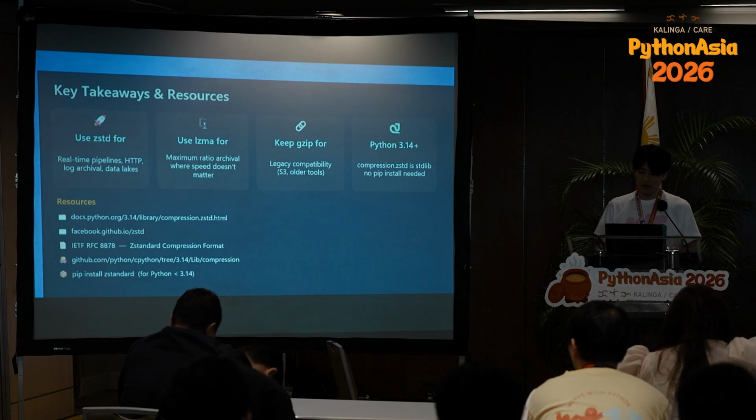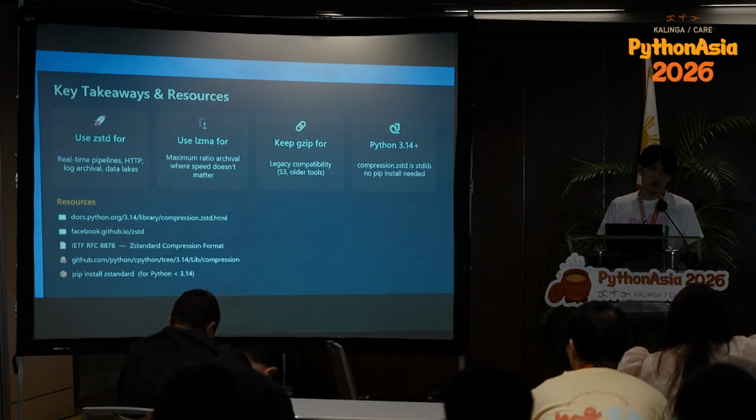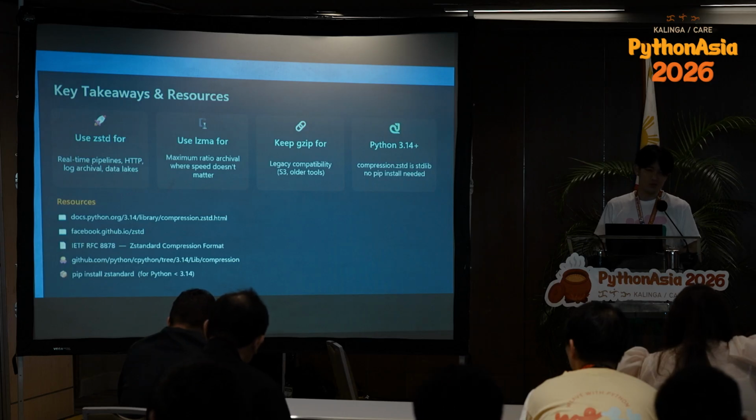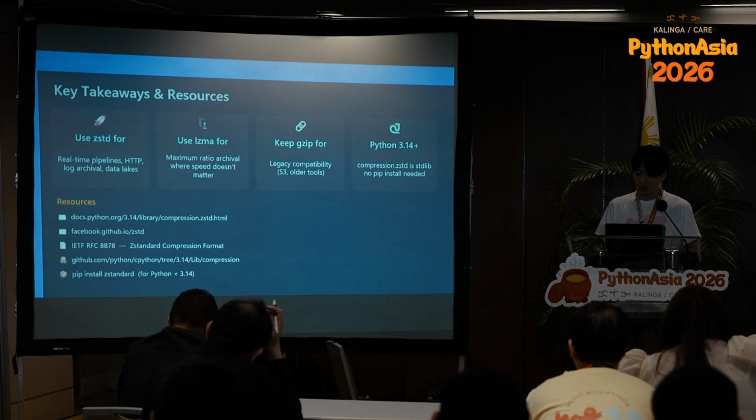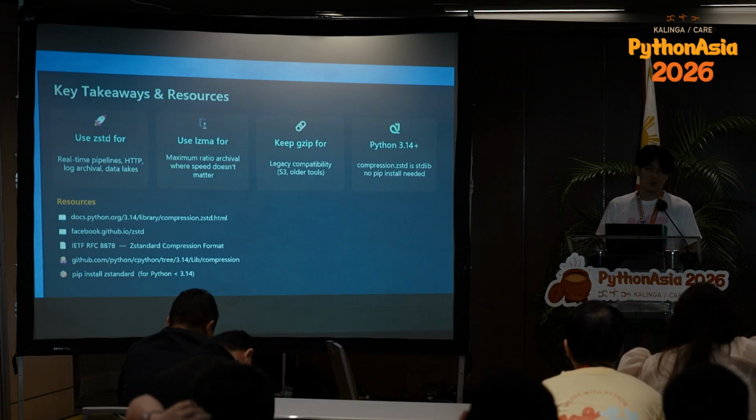And LZMA is excellent, especially for the compression ratio. So use the LZMA algorithm when you want to maximize the compression ratio. And third, gzip is widely used among compression algorithms. So use gzip to keep legacy compatibility.